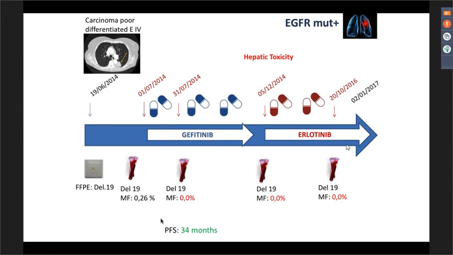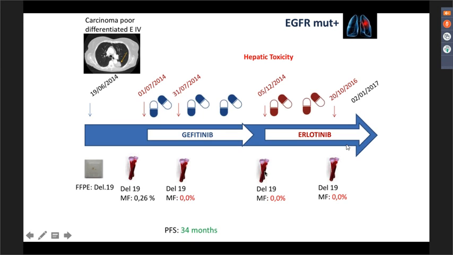Well, she continued with gefitinib, and in December she presented a hepatic toxicity. We also analyzed the blood sample at that time, and the sample was completely negative for EGFR mutation.